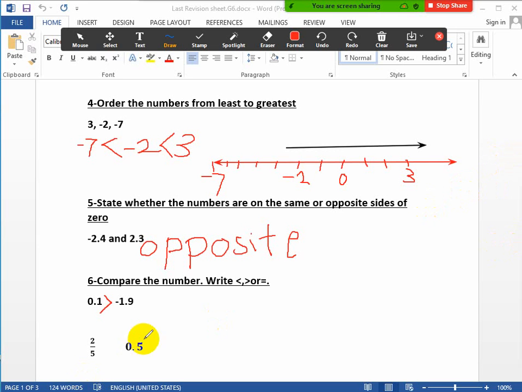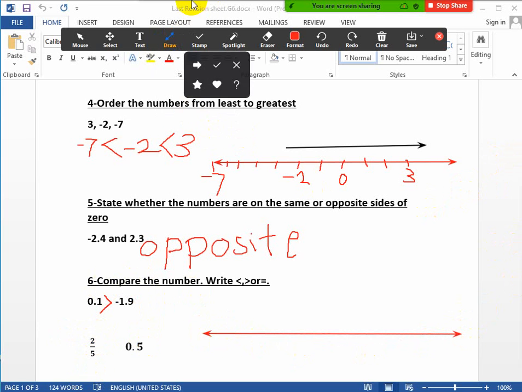Now, Farah, where are you? Yes. I want to compare now between 2 over 5 and 0.5. Okay. If I want to compare between those numbers, I will use the number line like this. And this is 1. What about 0.5?